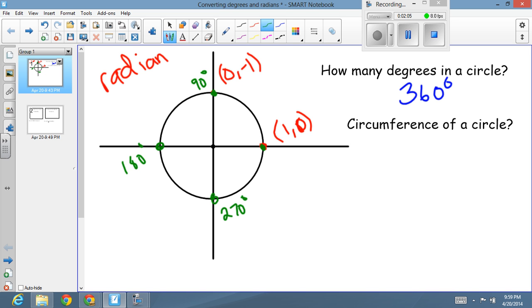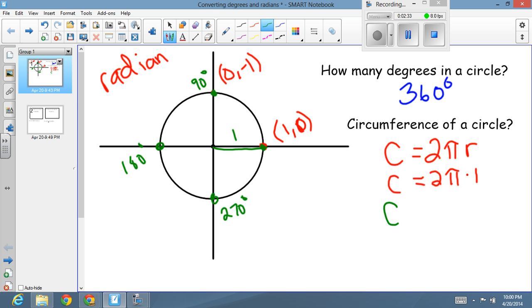Now if you think back to geometry, we know that the circumference of a circle is 2 times pi times the radius. In this particular case, we just got done discussing how my radius is 1, because this distance from the center of the circle to the edge here is equal to 1. That's a radius of 1.